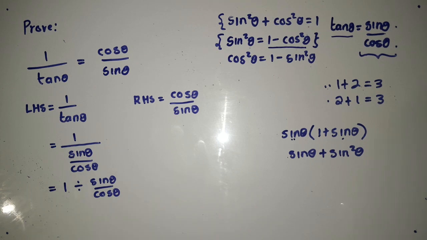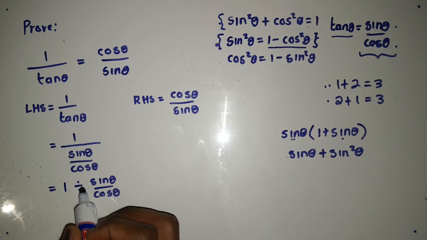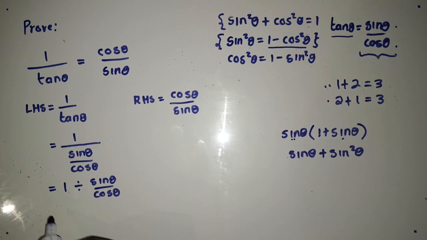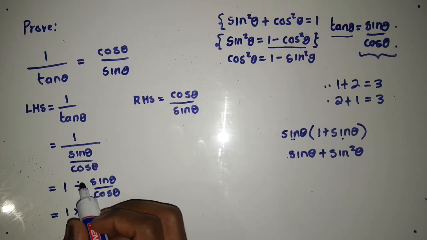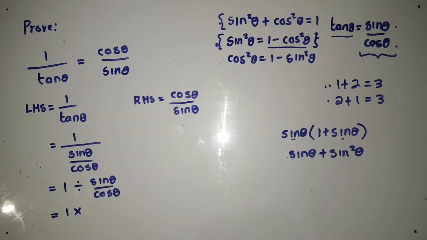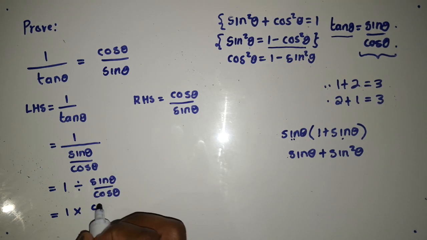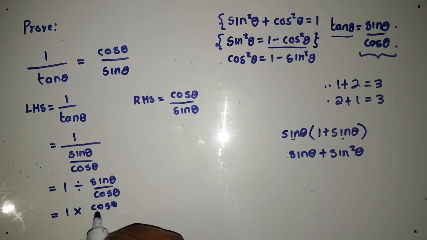Then now we just need to change this sign into a multiplication. When we change this sign, which is division, into multiplication, then this ratio is going to switch into cos theta all over sine theta.